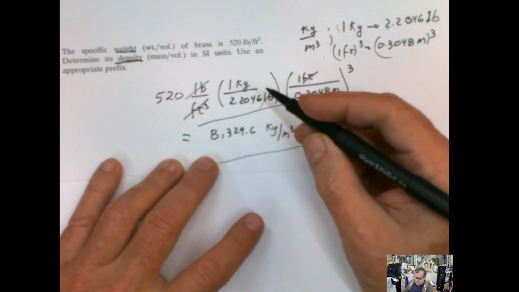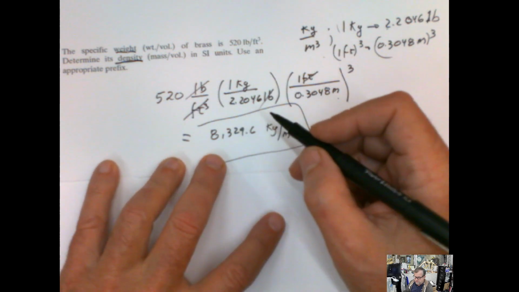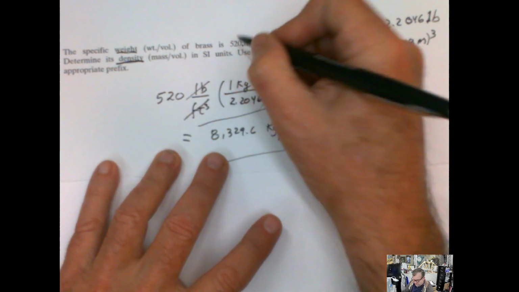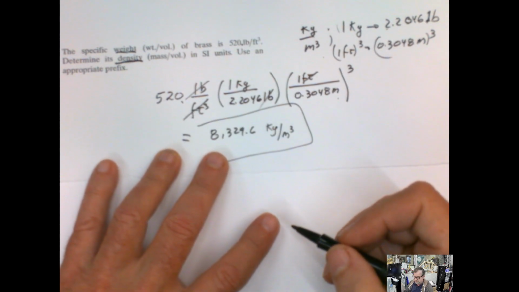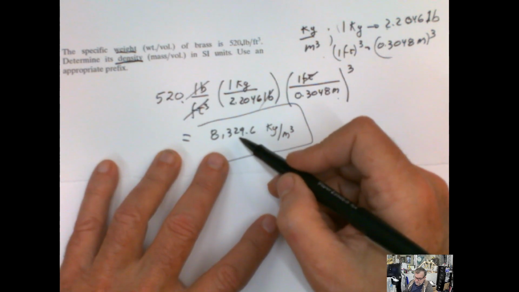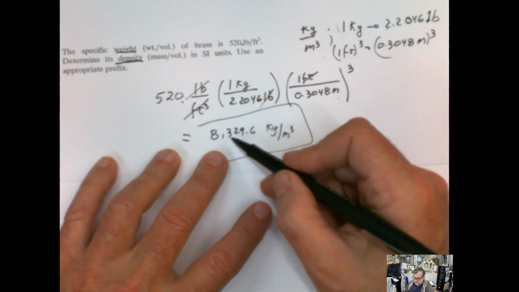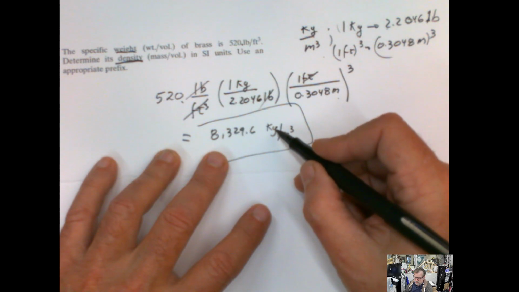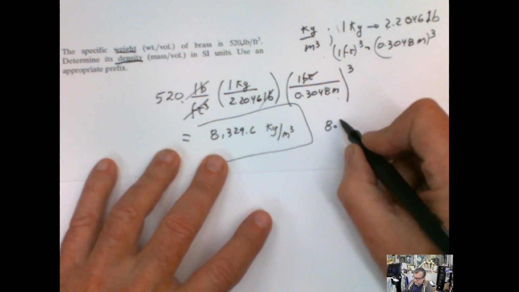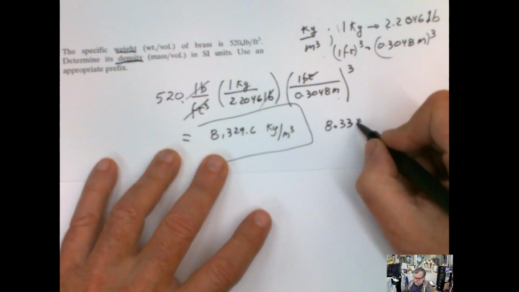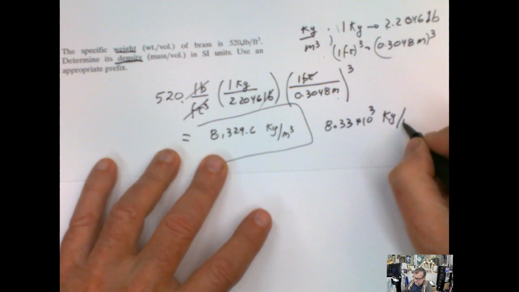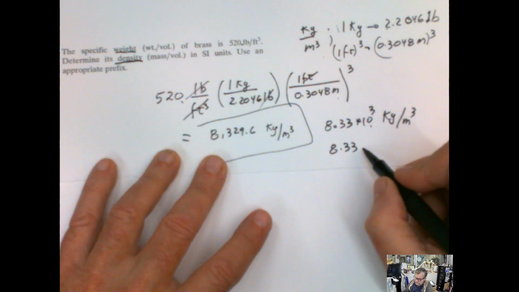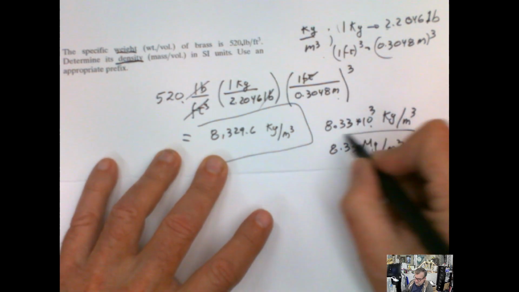So if you have to express that between 0.1 and 1000, and you want to express that in three significant figures, let's say that you have a dot here, then the number will be 8.33, and I take this 3 out, meaning instead of kilogram, I can now say that this number is 8.33 times 10 to the third kilogram per cubic meter, or I can say that it is 8.33 times 10 to the third megagram per cubic meter.